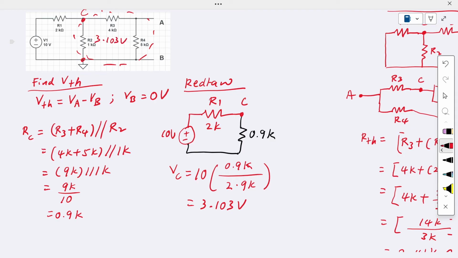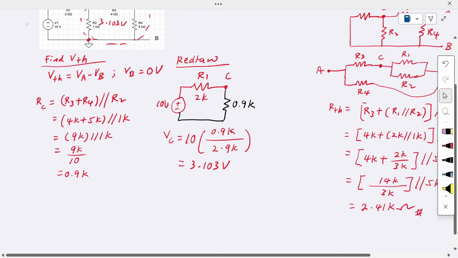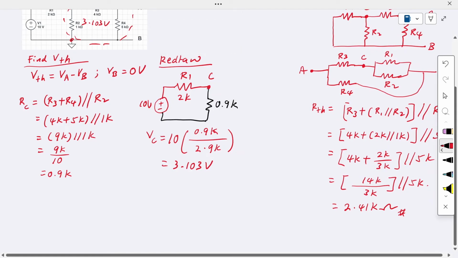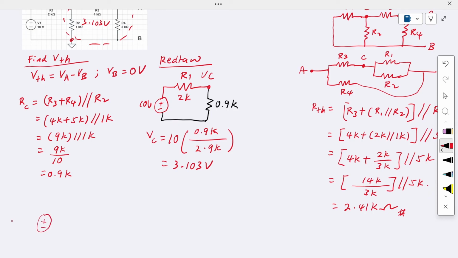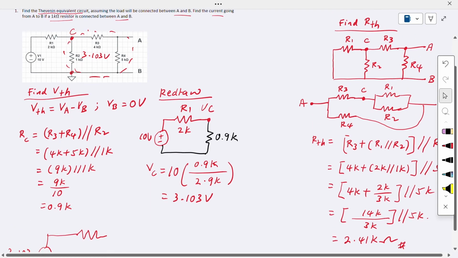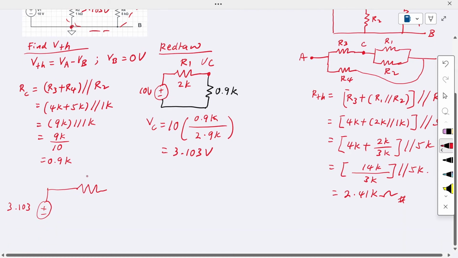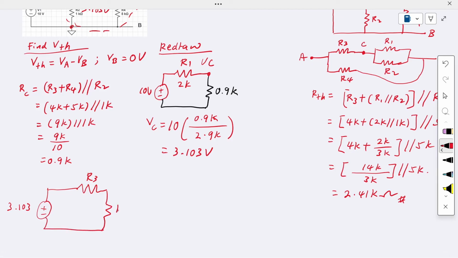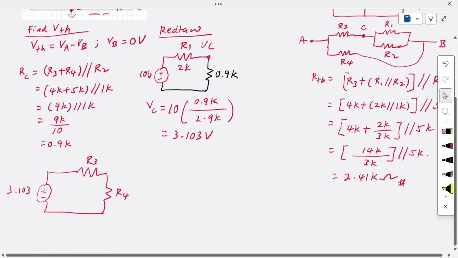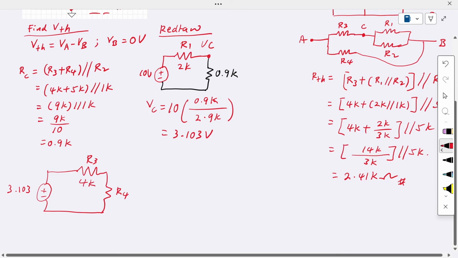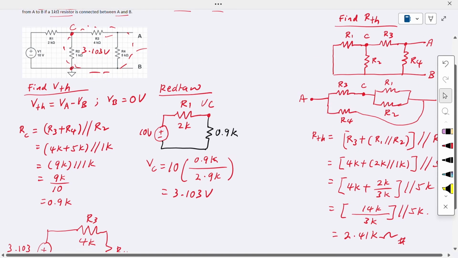Okay, so now we know this VC value over here is 3.103 volt. So this 3.103 volt is going to be split between R3 and R4, right? So from this onward, this VC can act as a supply voltage, which is 3.103 volt. Now it's connected to R3 and then R4. So this is a series network. R3 is 4K, and then this R4 is 5K.